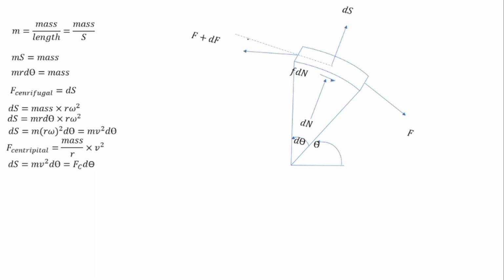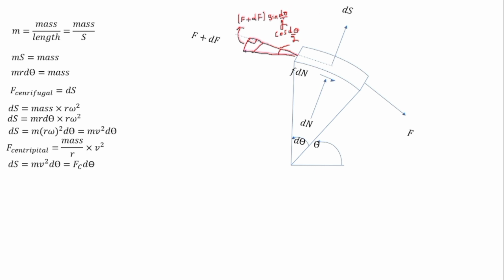So we got a right angle triangle, that is this. The angle over here is 90 degrees and the angle over here is d theta by 2, and this line is f plus df. So this component will be (f plus df) sin d theta by 2, and this component will be (f plus df) cos d theta by 2. And d theta is a very small angle, so d theta by 2 will be small further.